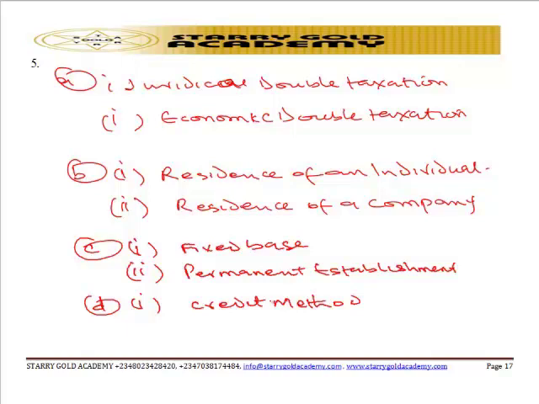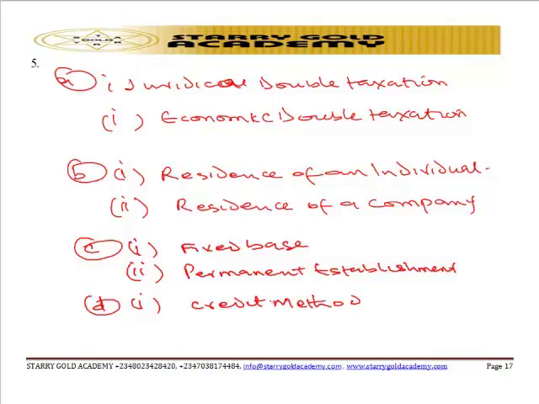There are two variants of this method. Full credit: the total tax paid in the foreign land is allowed as deduction from the tax due in the state. Or ordinary credit: only the proportion of tax attributable to the foreign source income is allowed as deduction from the total tax due. In this case, where the tax rate at the source country is greater than that of the resident company, relief is granted at the lower rate. Okay?